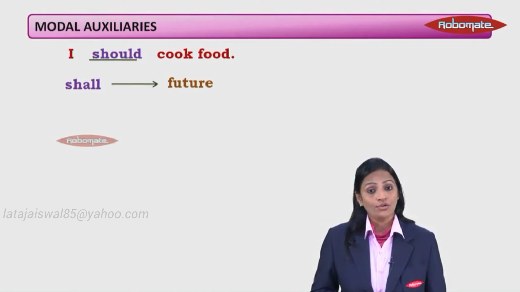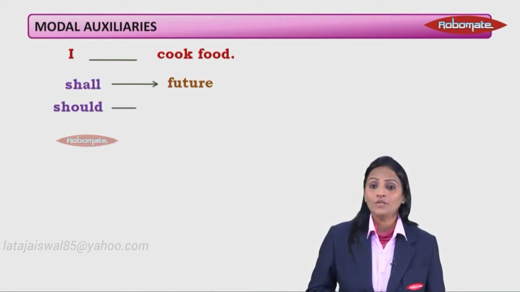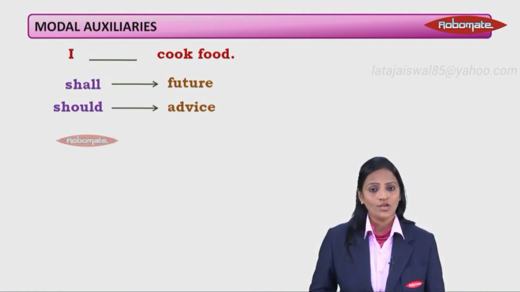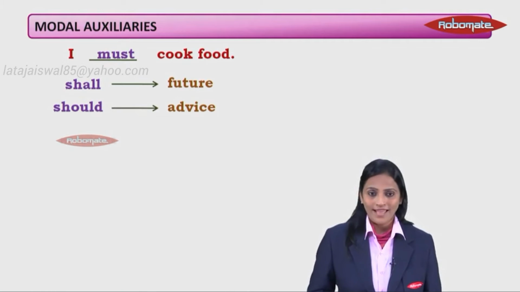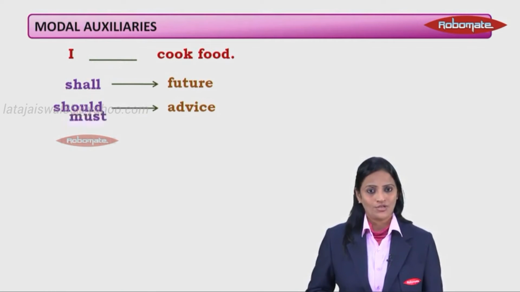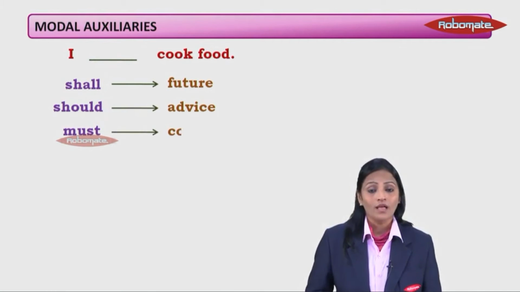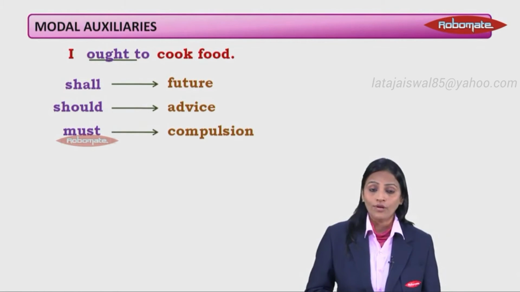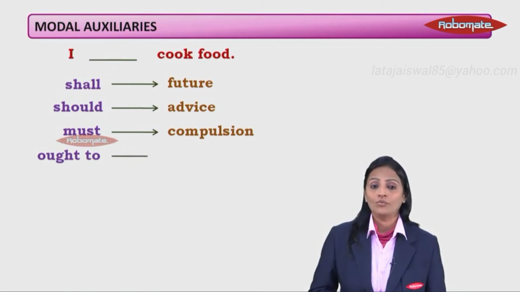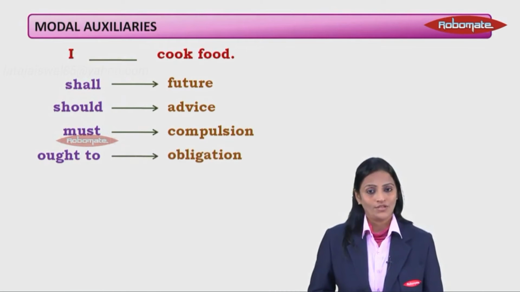If I say I should cook food, then it means advice or suggestion. But if I say I must cook food, then it shows compulsion. So it's a stronger one here. If I say I ought to cook food, that means here ought to is obligation.